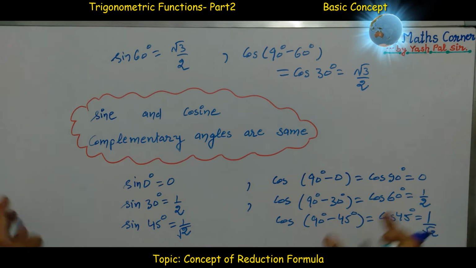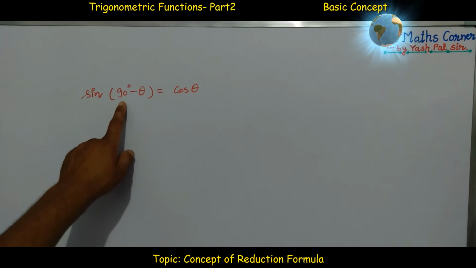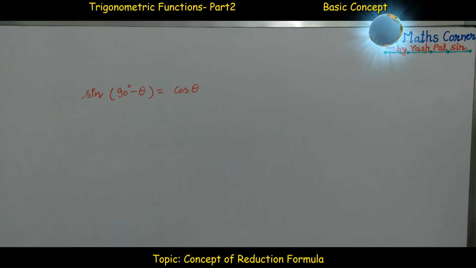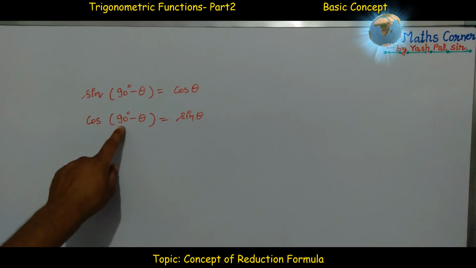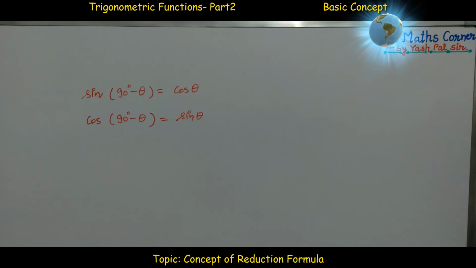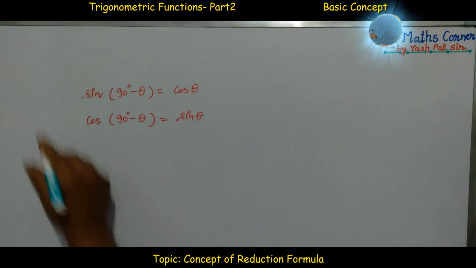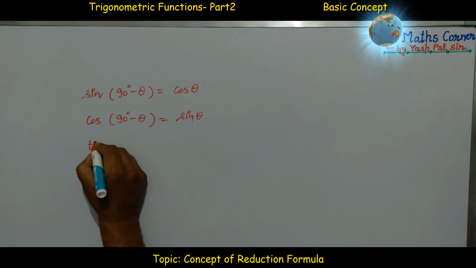Okay, from this what is the conclusion? We can say sine 90 degree minus theta is equal to cos theta. Similarly, cos 90 degree minus theta is equal to sine theta. We can also conclude these facts.